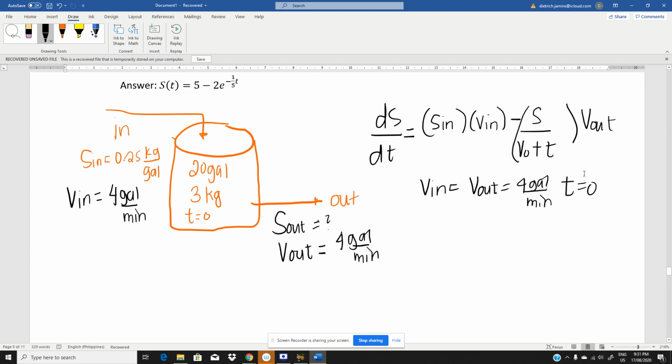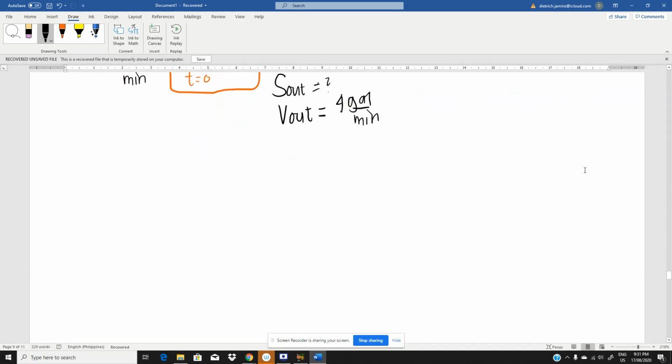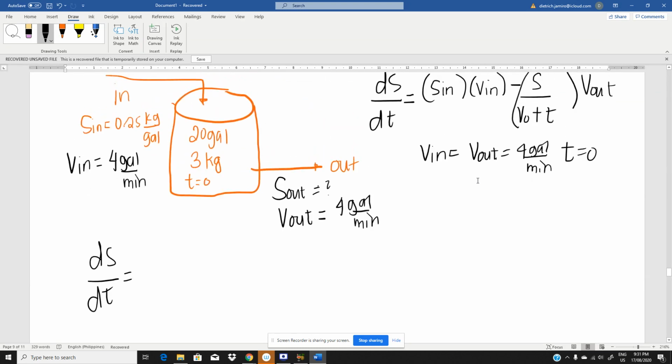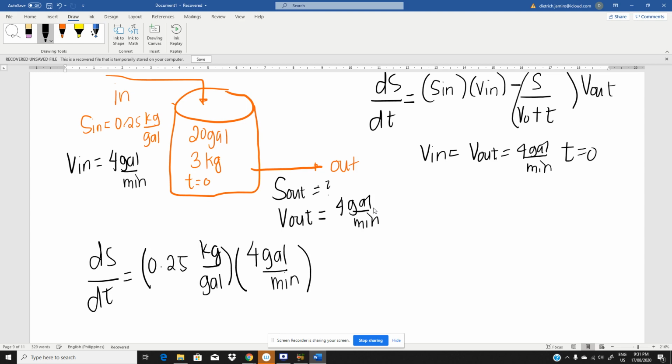So substituting our given, we will have ds over dt is equivalent to S in times V in. So we will have 0.25 kilogram per gallon multiplied by 4 gallons per minute minus S all over our V O, which is equivalent to our initial volume of our container, which is 20 gallons.